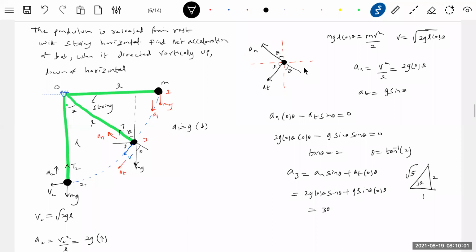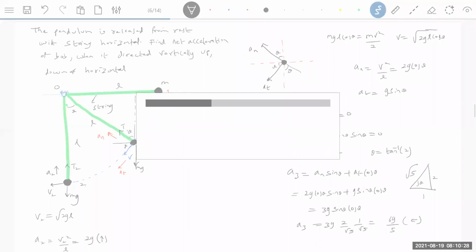This will become 3g sin theta cos theta, with sin theta 2 by root 5 and cos theta 1 by root 5. So 6g by 5. And how will it be directed? Horizontal. Very simple. It's there in the material.